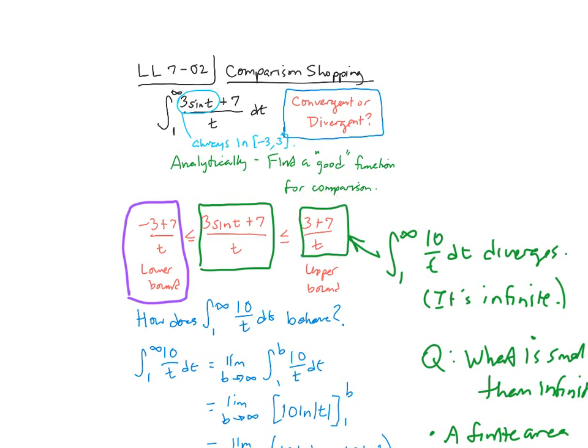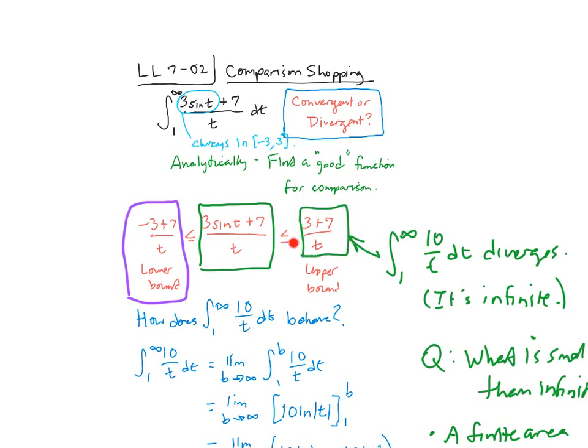I don't know what we call it. They're rational functions, but there are rational functions also that are convergent, so that's not a good descriptor for this. Anyway, we looked at this and we said this is essentially a constant over t. It fluctuates. That numerator will bounce between 4 and 10, but it's essentially a constant over t as t goes to infinity.